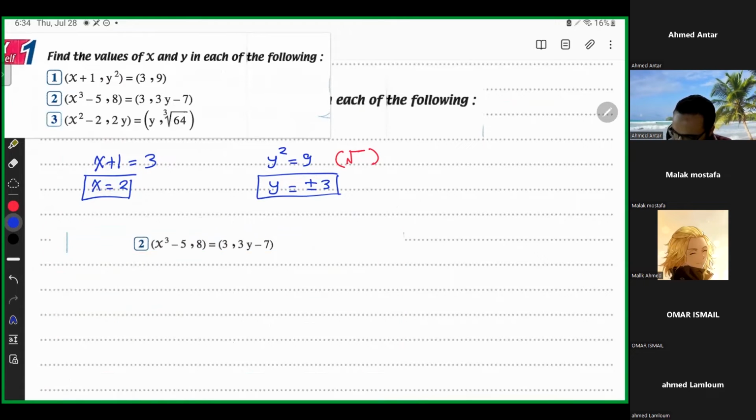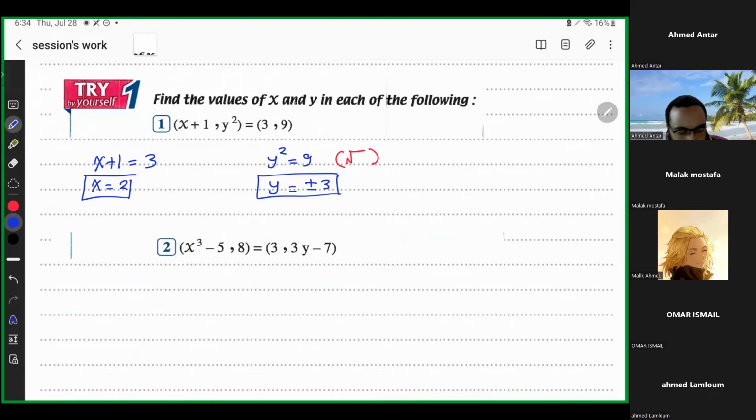Write in the chat also what is the value of x and what is the value of y, if you know. You know the answer, Malak Ahmed.